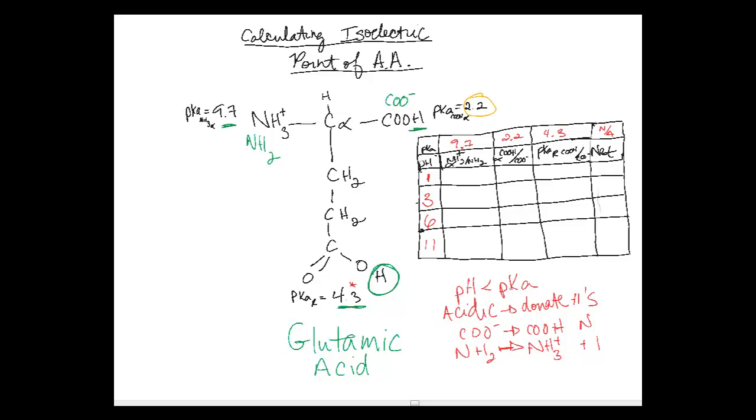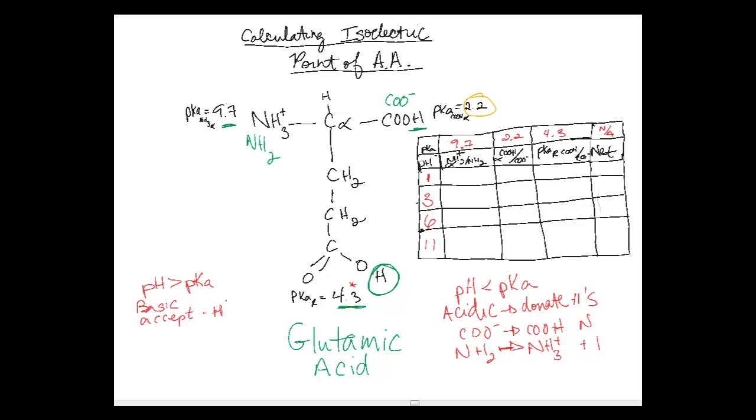So if the reverse is true, then the environment's basic, so that's if pH is greater than pKa, and it's a basic environment, and bases accept protons or hydrogens.